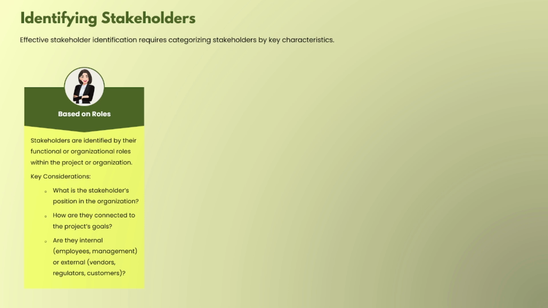The key considerations during identification are: what is the stakeholder's position in the organization, how are they connected to the project goals, and are these stakeholders internal or external? Internal includes employees and management, and external stakeholders are vendors, regulators, and the customer also. If you have any doubt about internal and external stakeholders, please visit tutorial 5, the link is in the description.